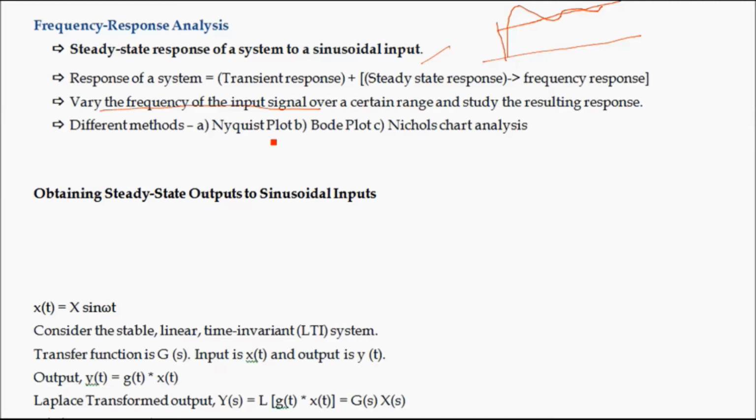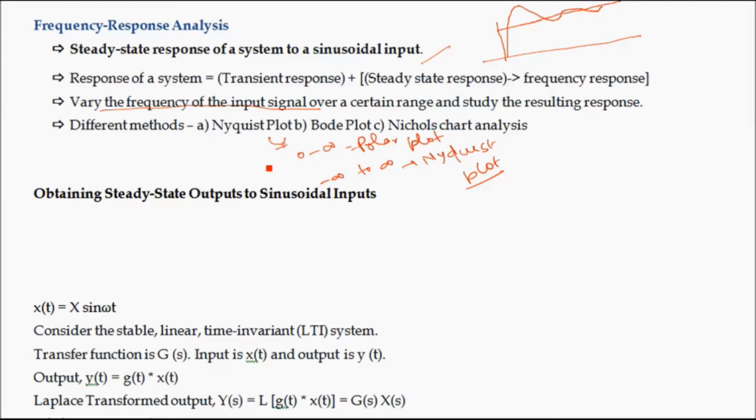So it's important to note that the polar plot will be from 0 to infinity, and Nyquist plot is from minus infinity to infinity. So basically these are different methods to analyze the frequency response of a system.